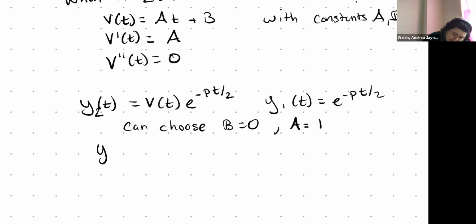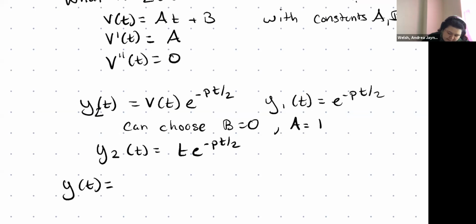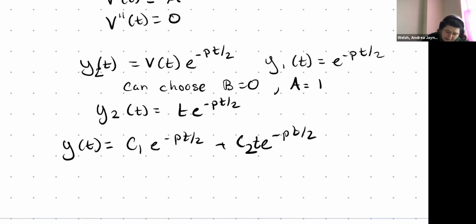So I have y of 2 equals 1 t e to the minus pt over 2. And then when I have my general solution, I have some c1 e to the minus pt over 2 plus c2 t e to the minus pt over 2.